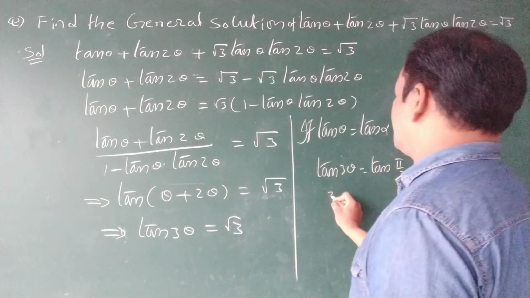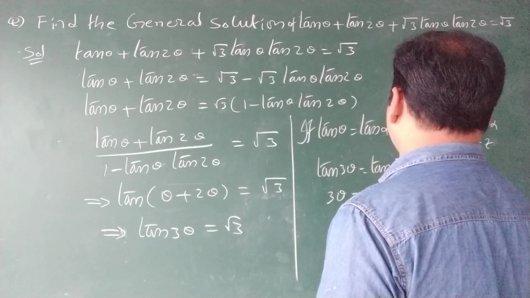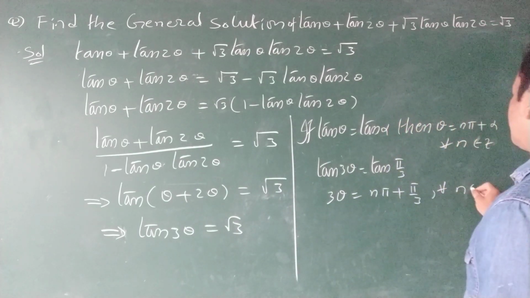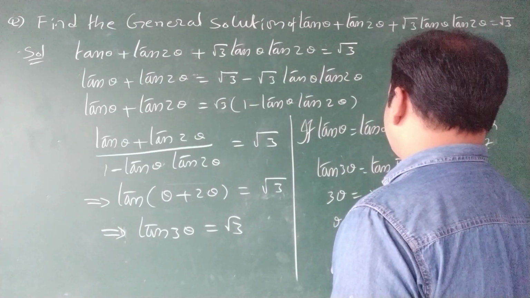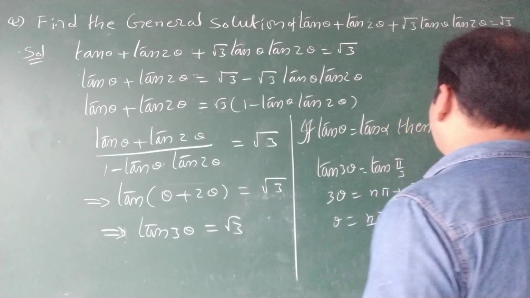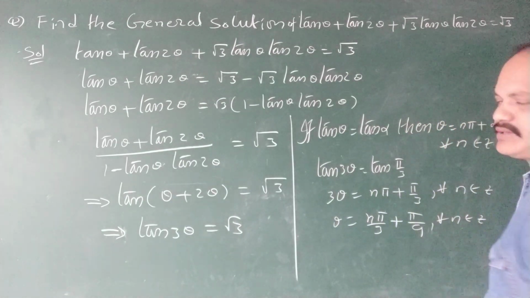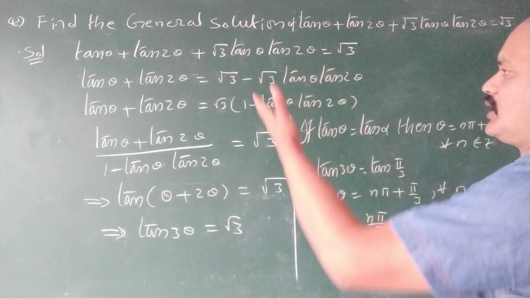So 3 theta is equal to n pi plus pi by 3 for all n belongs to Z. So theta is equal to n pi by 3 plus pi by 9 for all n belongs to Z. So this is the general solution for the given question.